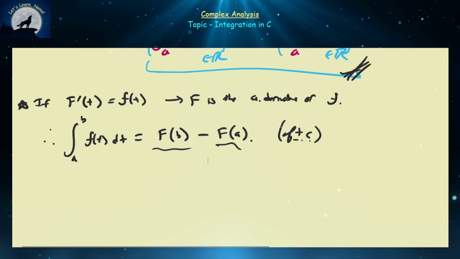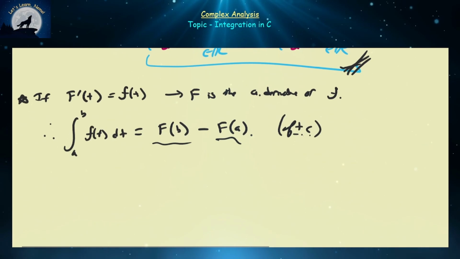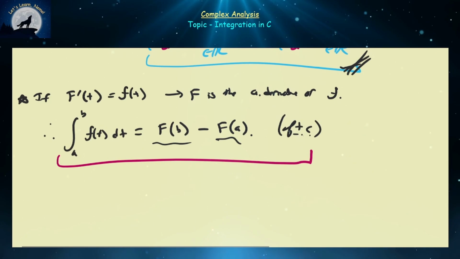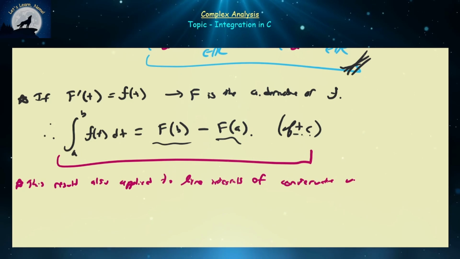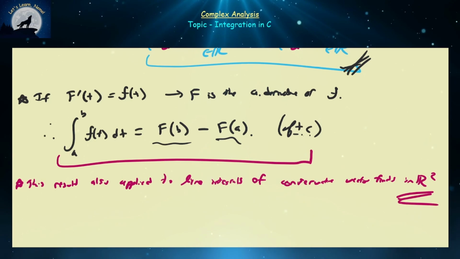All right. Now, what is so special about this result? Keep in mind this result also applies to line integrals of conservative vector fields, in particular in R2. And this is extremely important.